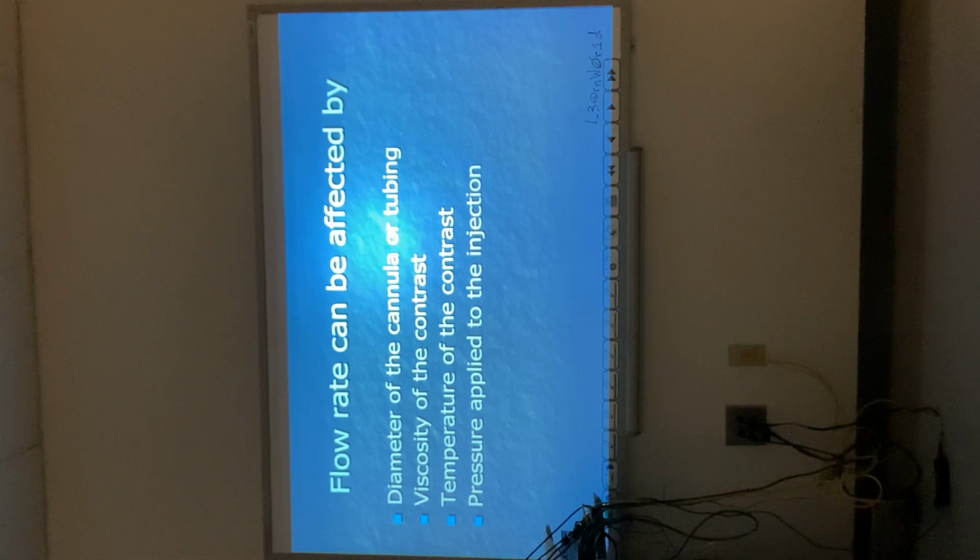So we talked about administering contrast media by hand or with the use of our auto injectors, which we'll see in CAT scan and MRI. And that's going to be administered at a much higher rate.